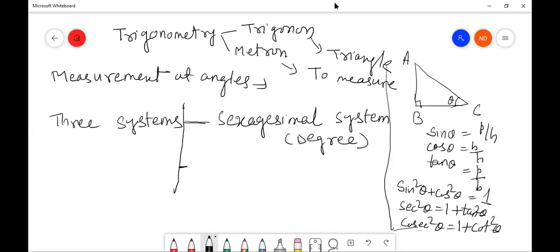The second one is the French system, the centesimal system.